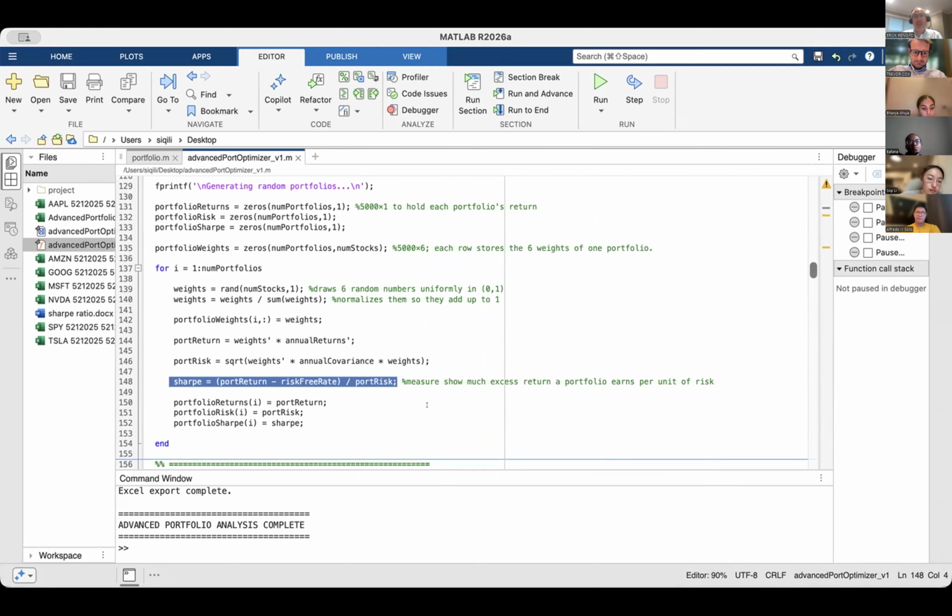So basically what this says is which portfolio would give us the highest return, but also the best return per unit of risk. Okay, so I will now share my slides.